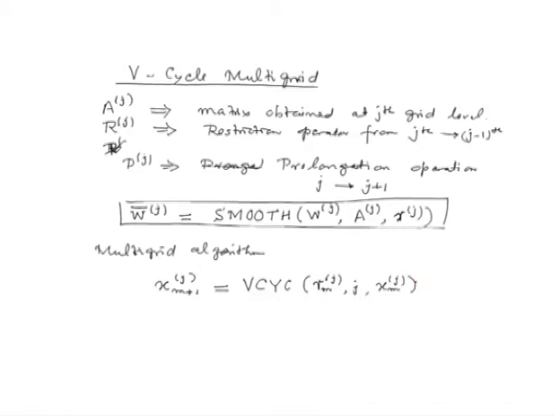So, this is our V cycle algorithm. Now, what is the expanded form of the V cycle algorithm? So, VCYC is a recursive process which will depend on our grid level j. So, recursively do the following steps.